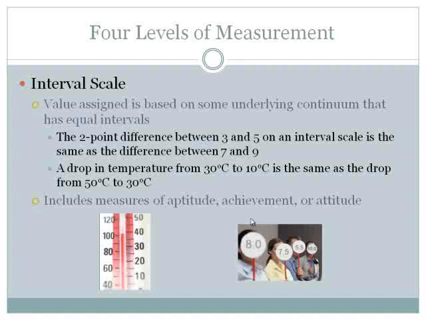What that means is the underlying distributions are assumed to be normal. So if we're looking at things like height, if we looked at all the heights of all the people in the United States, theoretically that has a normal distribution. And so that allows us to use parametric statistical techniques.